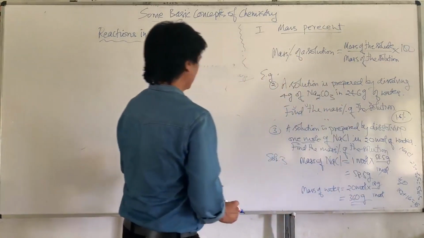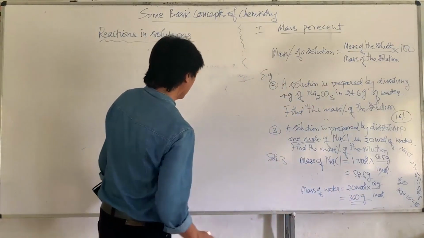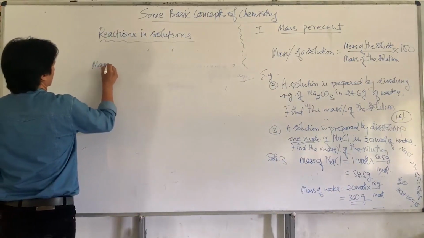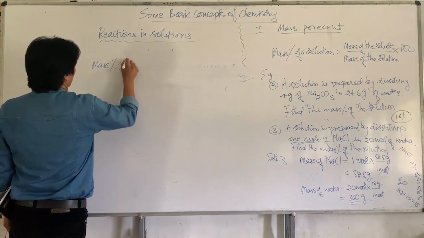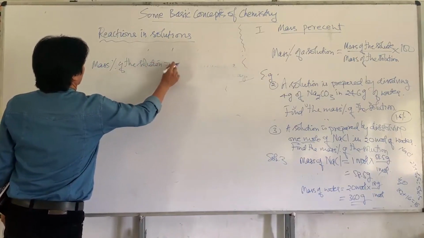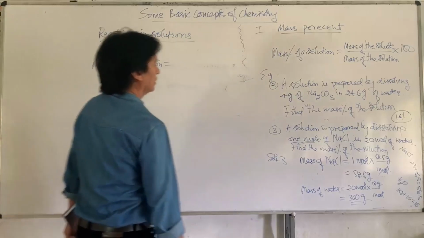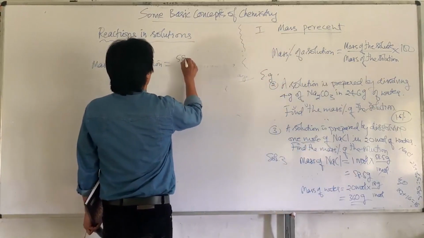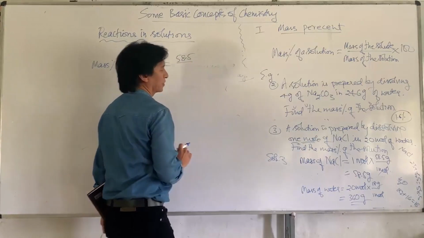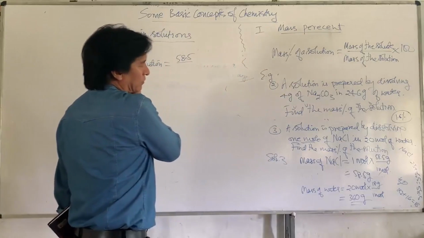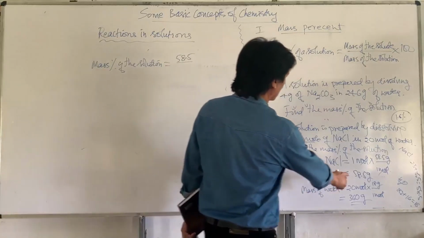Now what you need to find is the mass percent of the solution. Knowing that the mass percent of a solution is given by the mass of the solute, that is the mass of sodium chloride, 58.5, divided by the mass of the solution. The mass of the solution is the sum of these two.